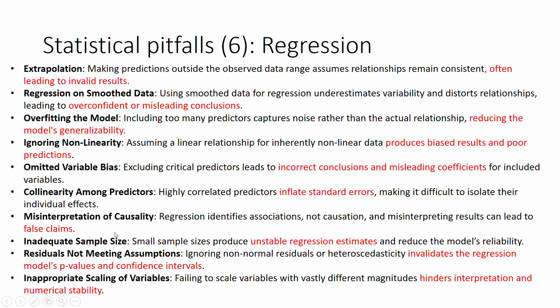And another problem is when you include many predictors, and these predictors are collinear, so they are highly correlated with each other. Let's say that you include, in an extreme case, the weight of the animal in pounds and the weight in grams.